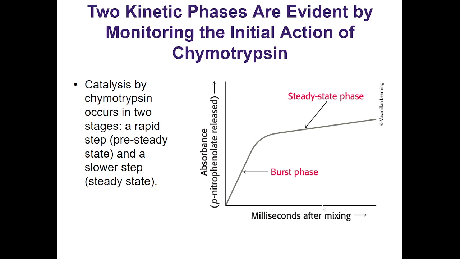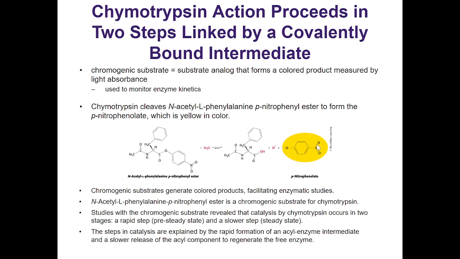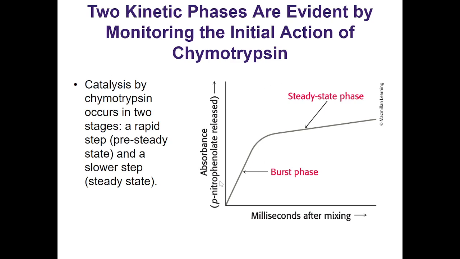This is milliseconds after mixing because we're not measuring initial amounts of substrate we put in. We're measuring the color as it changes, right? Over time. Okay. And again, this is the absorbance. This is due to that release of this species here, right? So as this goes up, that means we're making more and more product, okay?